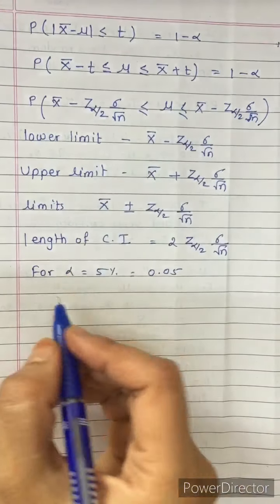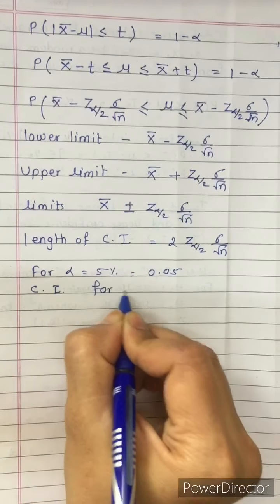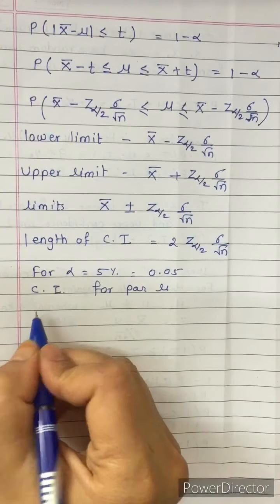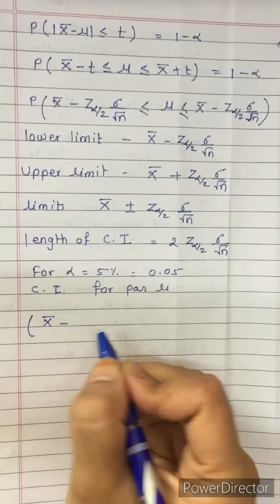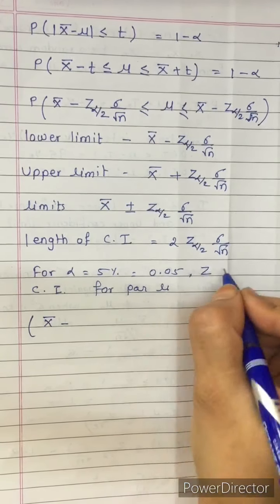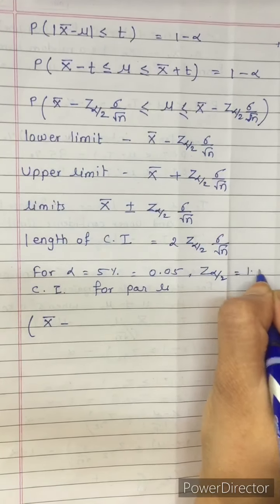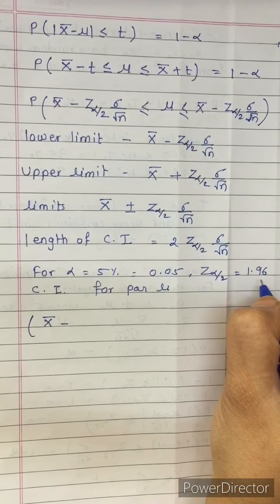Suppose here alpha is equal to 5%, or we have 0.05. So what are the limits? Confidence interval for mu is x bar minus z alpha by 2, the z value for 5% level of significance, which is 1.96. For two tail test it is 1.96, correct?